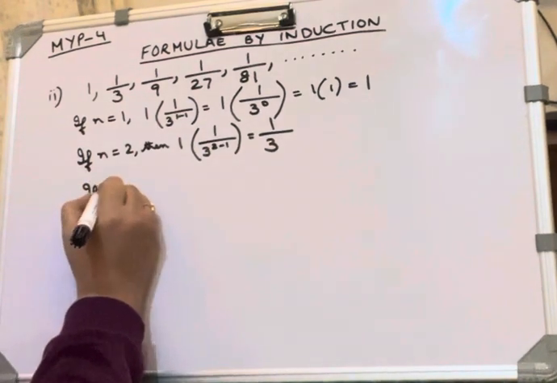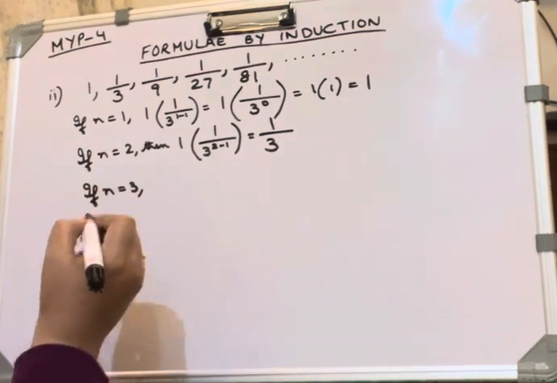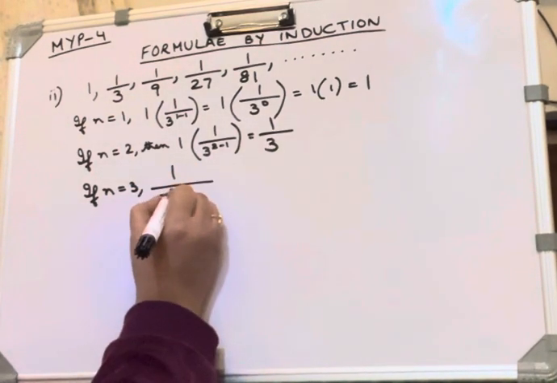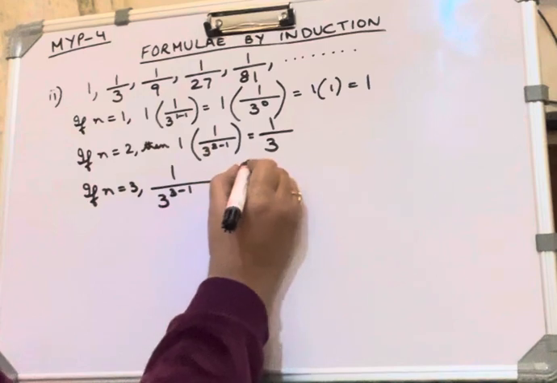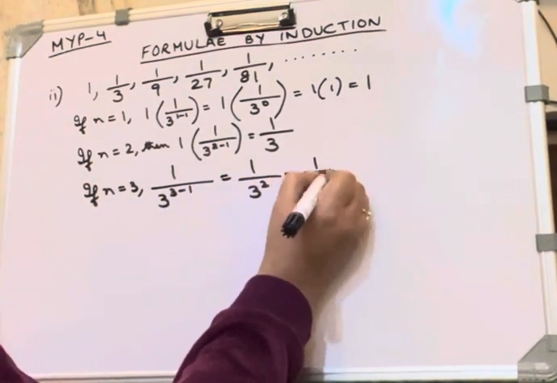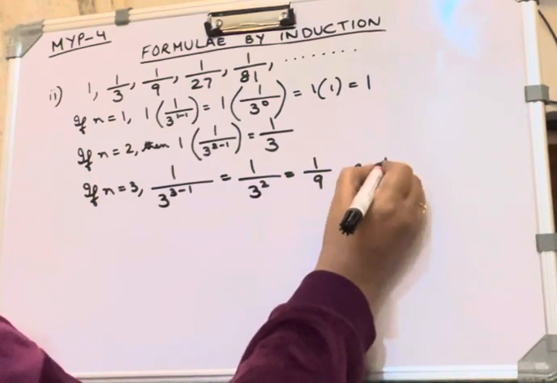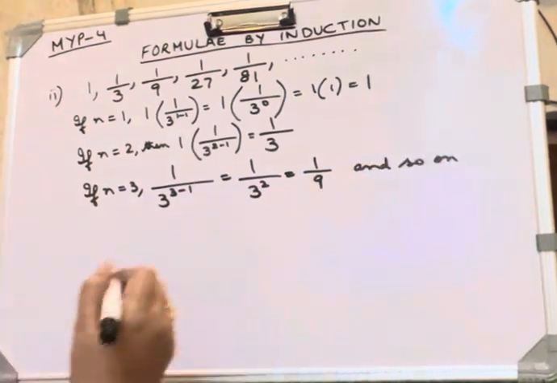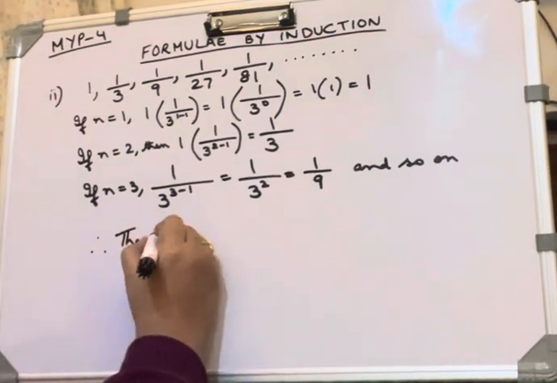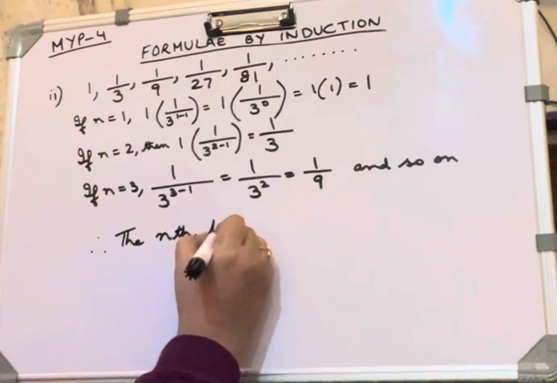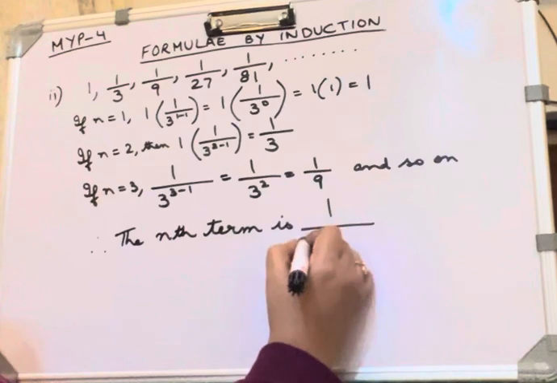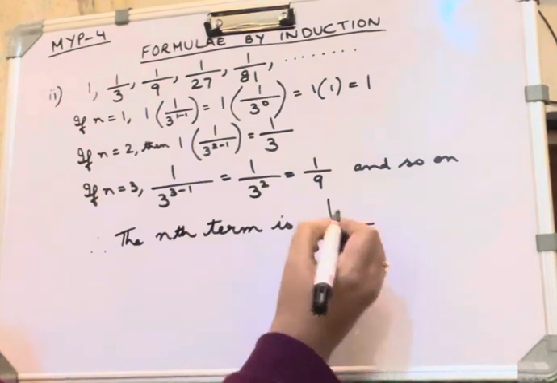If n is equal to 3, then it is 1 by 3 squared, which is 1 by 9 and so on. So therefore, the nth term is 1 by 3 to the power n minus 1.